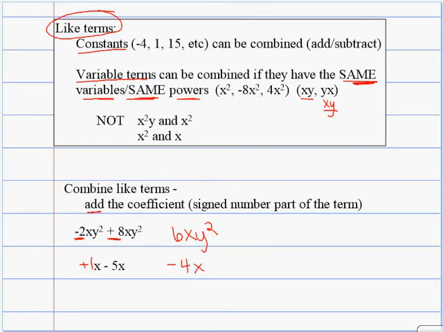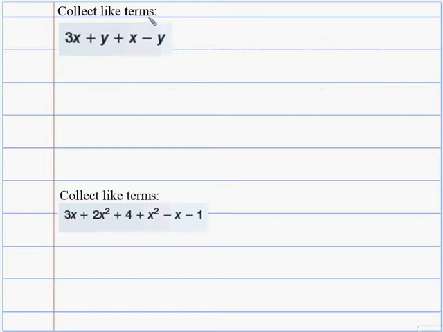Okay, one more page, two more examples. We are going to collect like terms. Now notice in this first example, I have 3x plus y plus x minus y. So I have some x's that I'd like to get together and some y's that I'd like to get together.